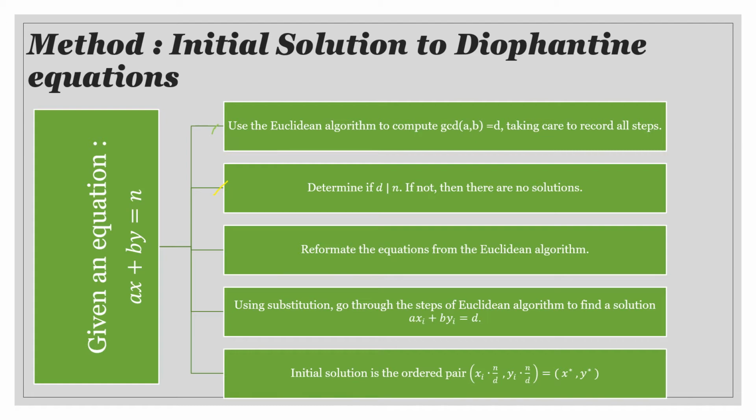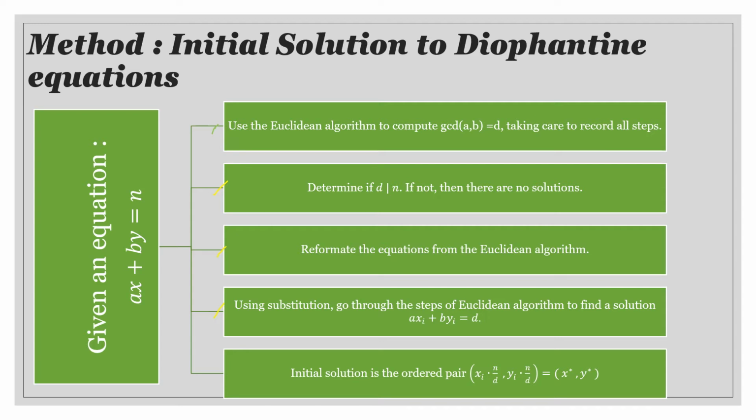Then I have to reformat the equations I got in the first step, that is, the Euclidean algorithm. Then using substitutions and going through each step of the reformed equations, we can find a linear combination a xi plus b yi equal to d.